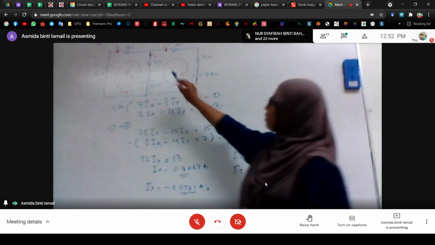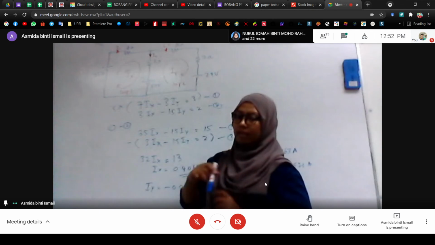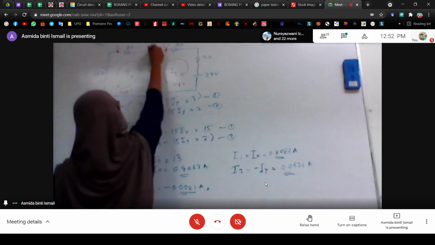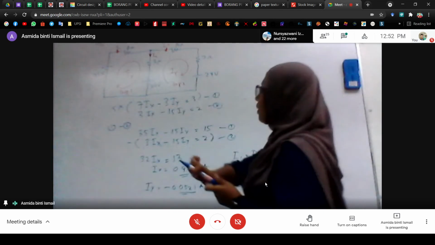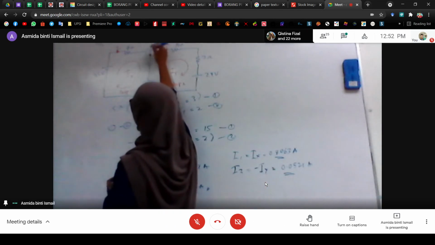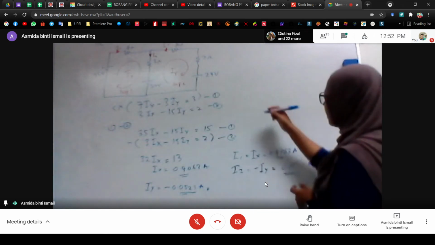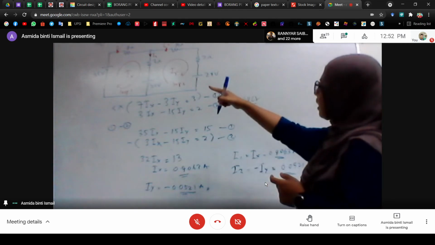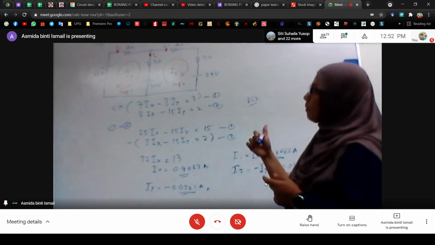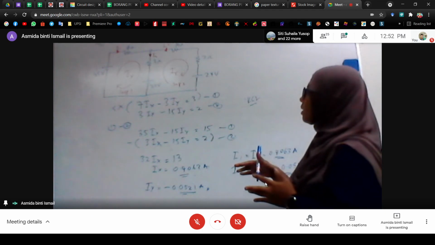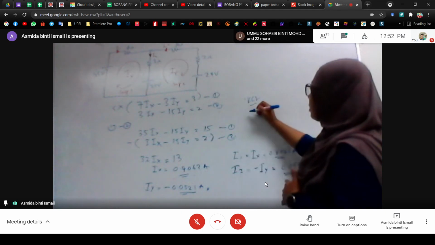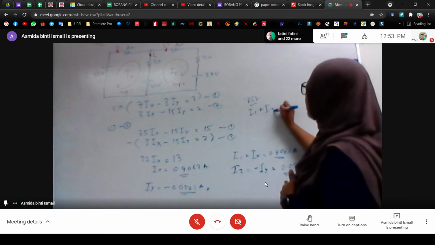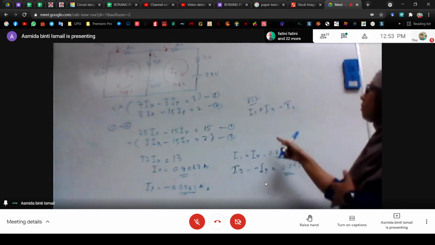For I2, you can use Kirchhoff's current law where you have this node here. By using Kirchhoff's current law, at that node, the current entering the node is equal to the current leaving the node.